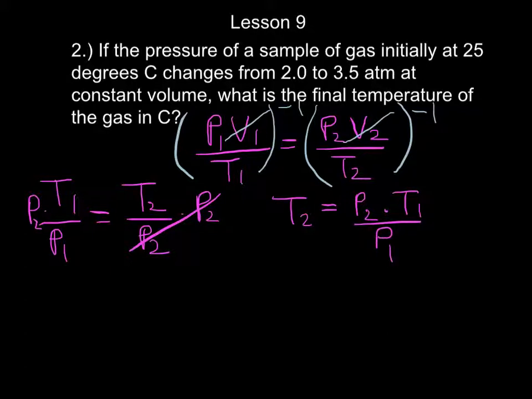But it's really important that when we're plugging in our temperature, we put in our temperature as Kelvin rather than Celsius. That's because Kelvin is an absolute temperature scale. What that means is that 200 Kelvin is twice as hot as 100 Kelvin. But that isn't exactly true on the Celsius scale.